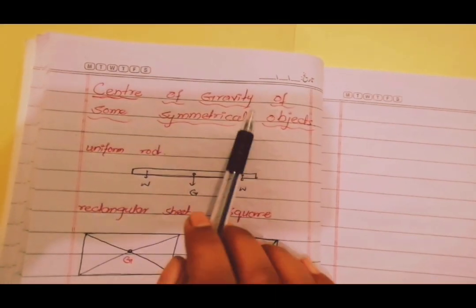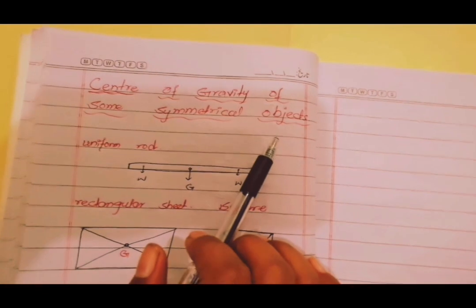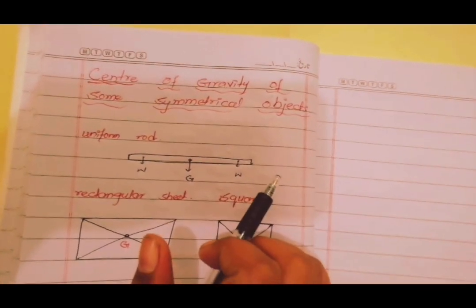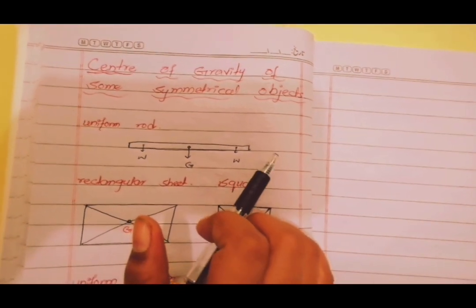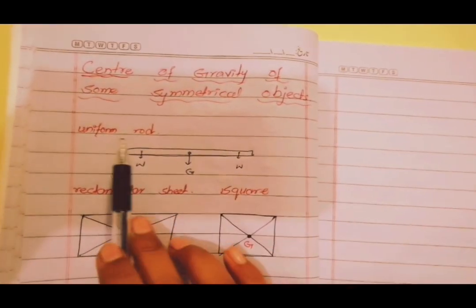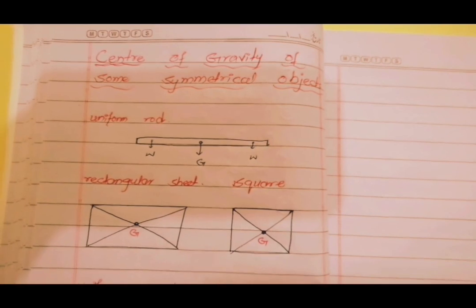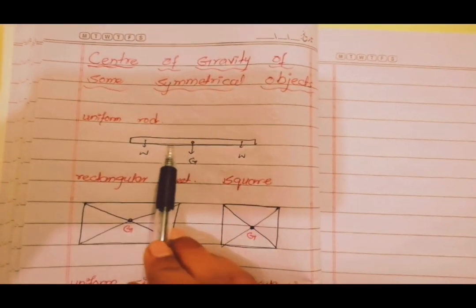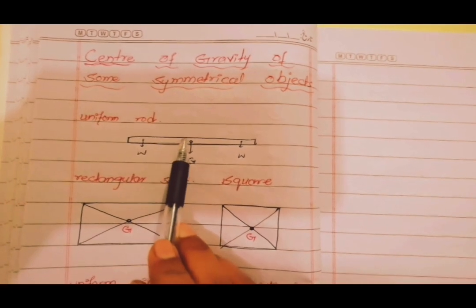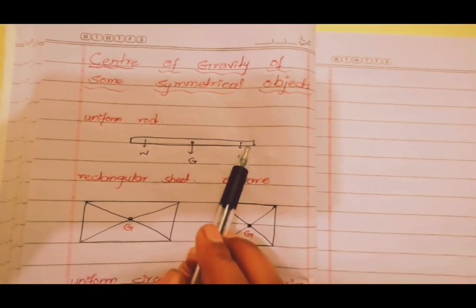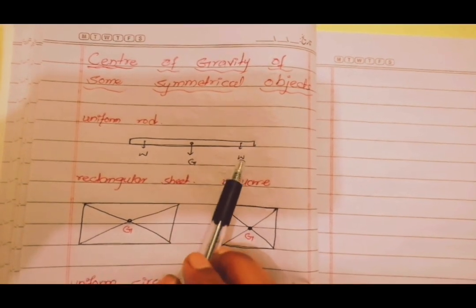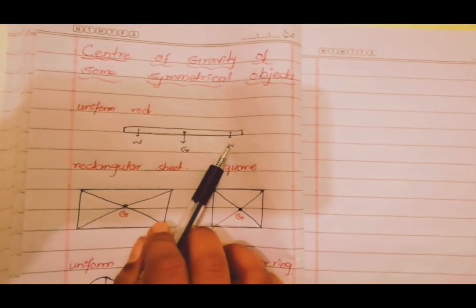Center of gravity of some symmetrical objects. For the objects which have proper geometry, we have to find out the center of gravity. Uniform rod. In a uniform rod, we know that this rod is made up of a large number of small particles, and the weight of every particle is acting in the downward direction.